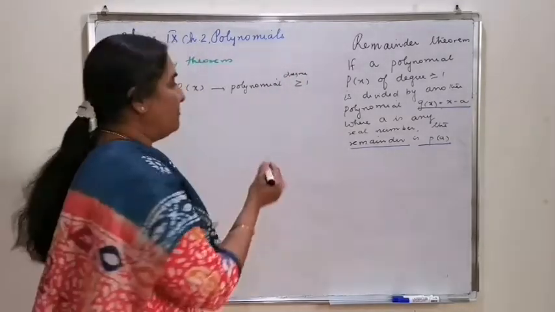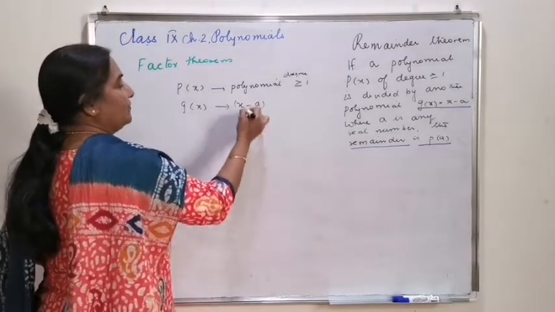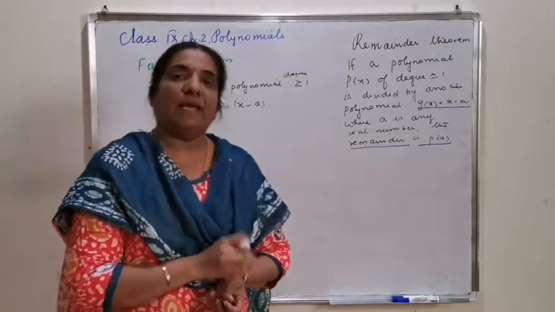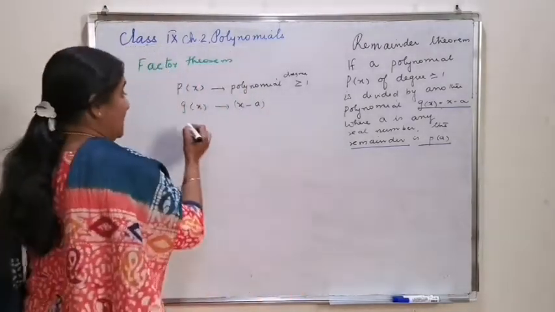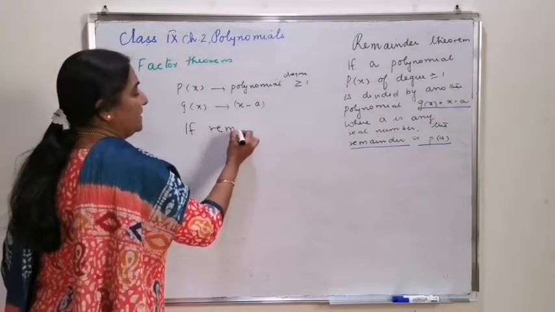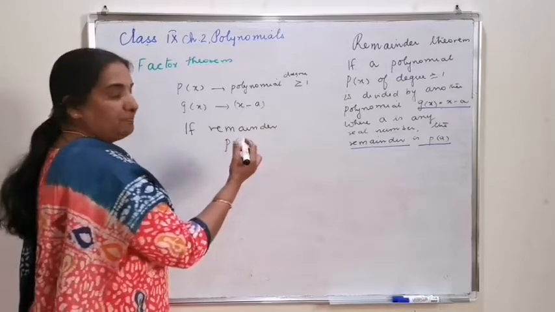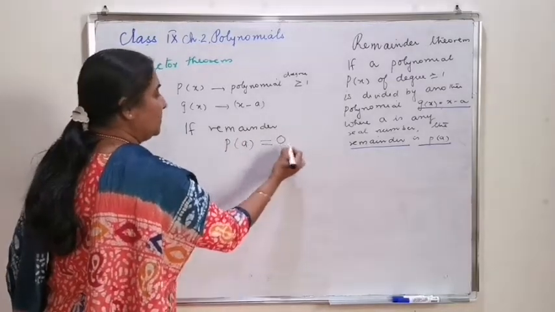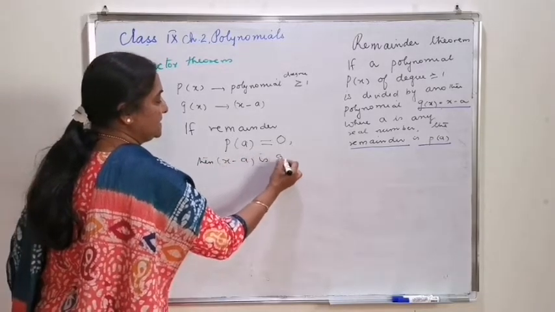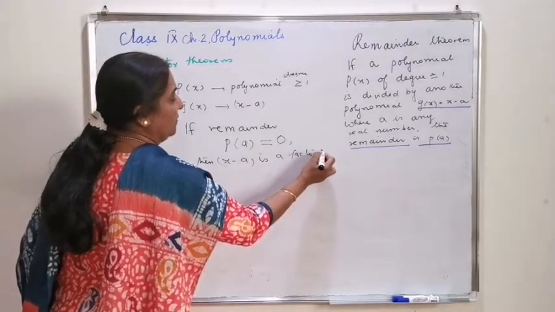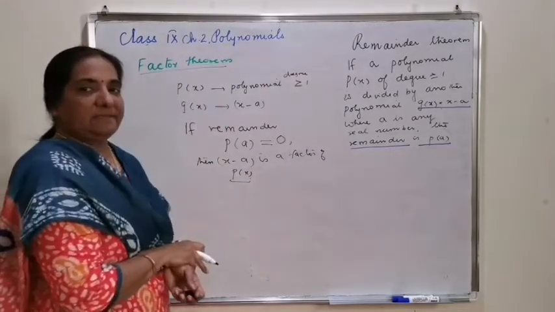Let this polynomial p of x be divided by another polynomial of the form x minus a, where a is a real number, and if the remainder p of a is 0, then x minus a is a factor of p of x. This is the meaning of factor theorem.